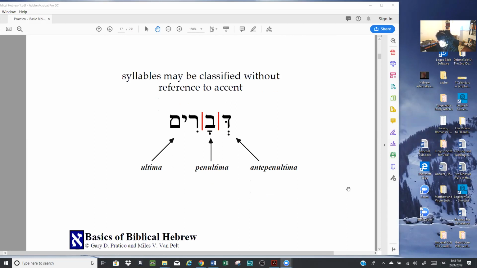This is an alternative system of syllable classification for which the location of the accent is not determinative. In this system, the ultima is the last syllable of a word, the penultima is the next to last syllable, and the antepenultima is the syllable before the penultima.